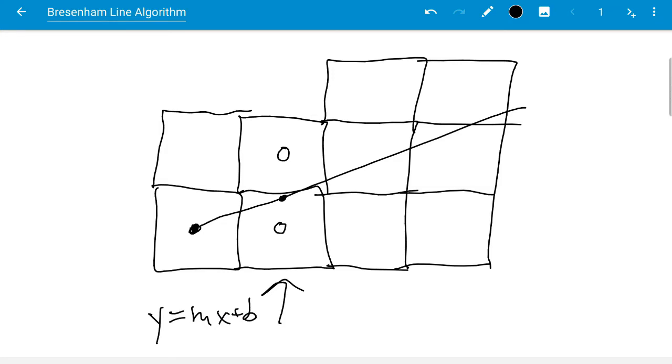Then we could compare it to the y plus 0 point right here, and we could see if we're too far off. Since we're talking about pixel centers, which are 1 unit apart, we want to have an error threshold of 0.5. If we are farther than 0.5 from this ideal line, then we need to add 1 to our y value. We know that we've gone too far.